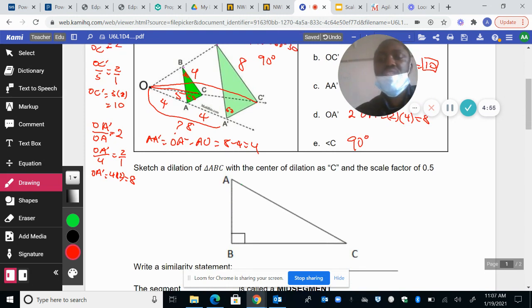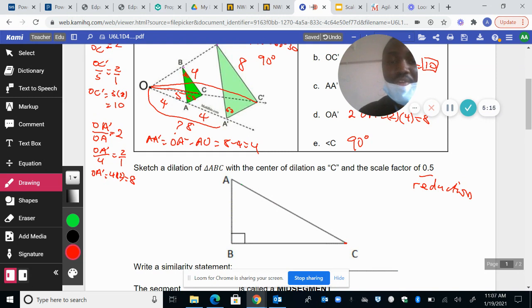Now we're going to sketch a dilation of triangle ABC with the center of dilation at C and the scale factor being 0.5. Since 0.5 is between 0 and 1, as we learned on Friday, it's a reduction.